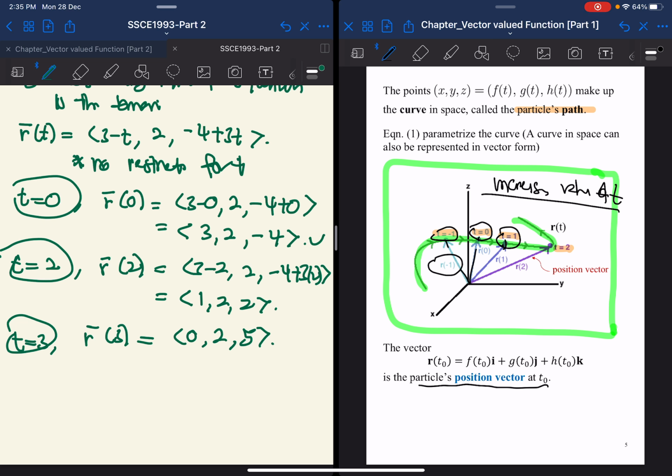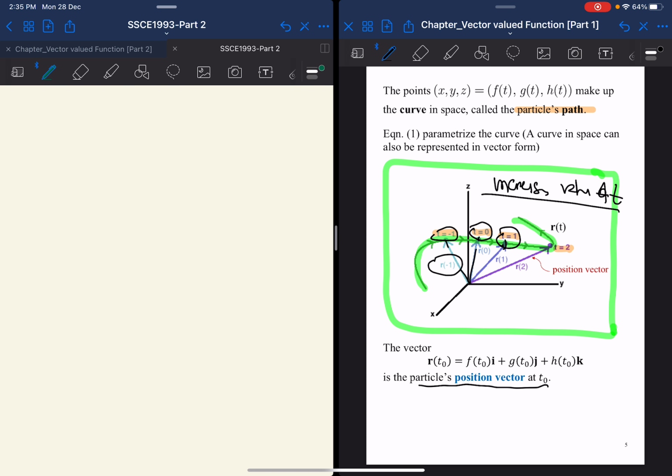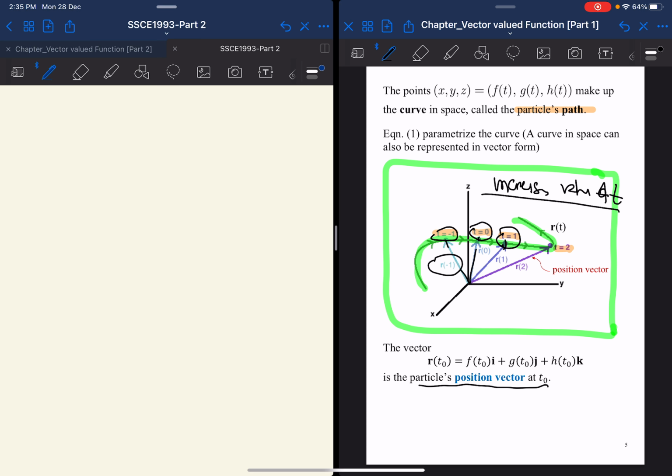Now we'd like to sketch. So here, this is the normal axis. This one is y, this one is z, this one is x.